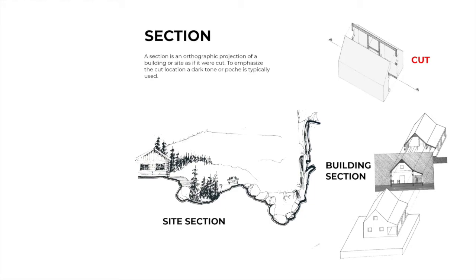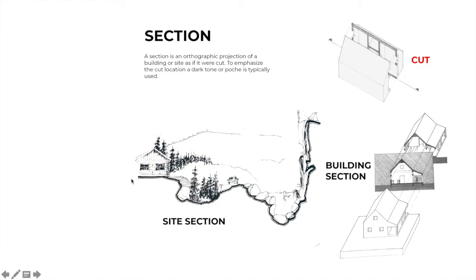Sections through buildings or sections through landscapes are extremely important to represent the different levels and different topography or different features of either an architectural project or a natural site or a constructed site, or any combination of those things.